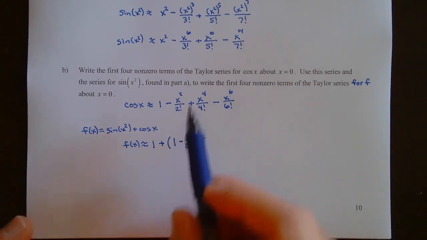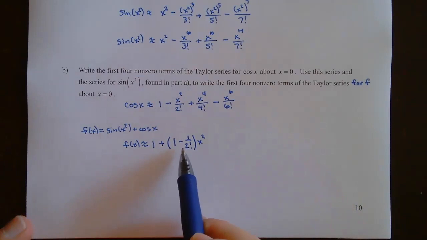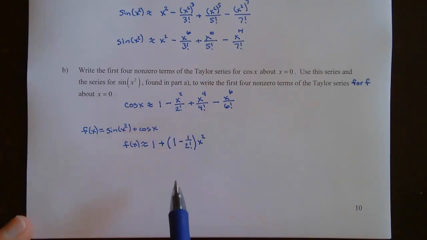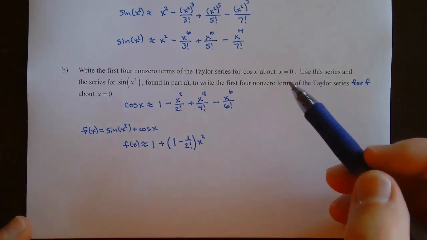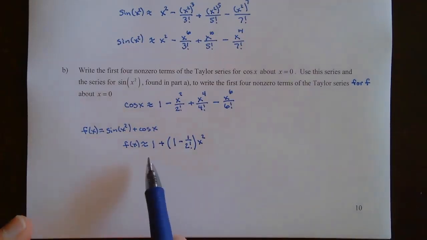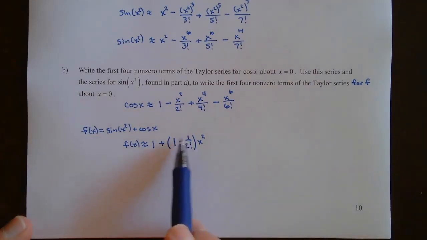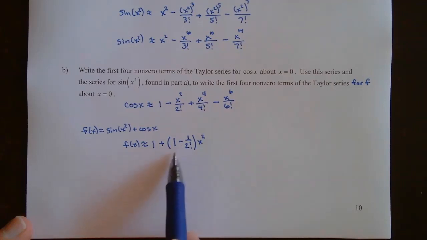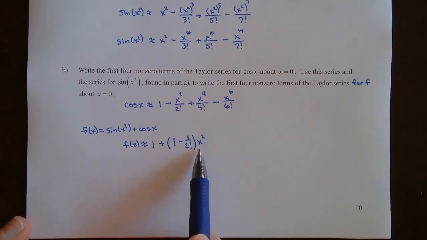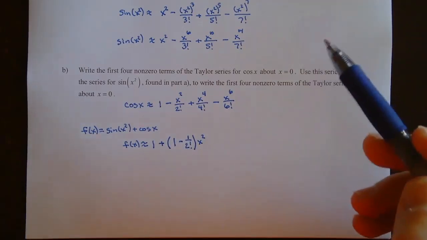Because if you distribute this, it would give you the x squared, and it would give you the negative x squared over 2 factorial. So now we have two terms here. Now, this looks like two terms right here, but it's one, because that's just the coefficient for x squared.